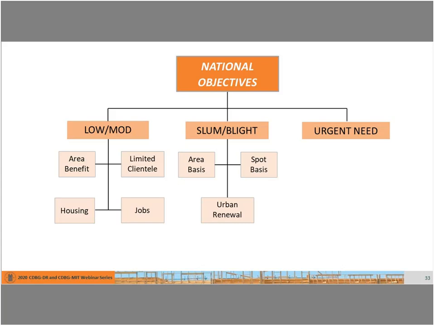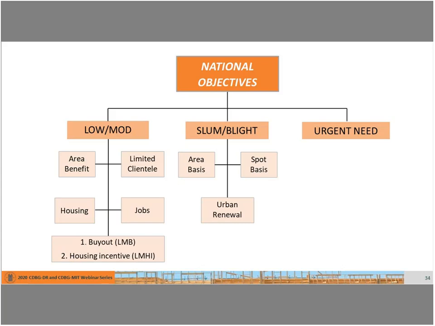With limited clientele, you're talking about programs that exclusively benefit a clientele that's generally presumed by HUD to be principally low mod. Often socially vulnerable populations are in this category, the elderly, the homeless, people with disabilities. Limited clientele is not an objective that can be used for either housing or for jobs.